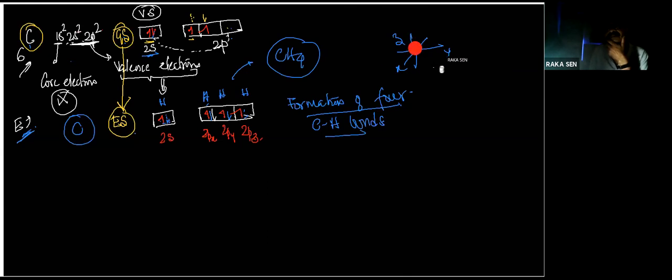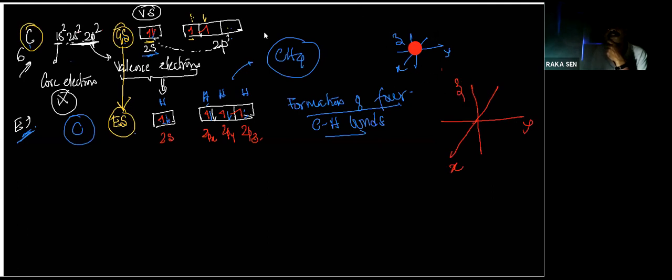This is my s orbital, spherical. As far as p is concerned, you have got shapes like this. Suppose this is X, this is my Y direction, this is my Z direction.